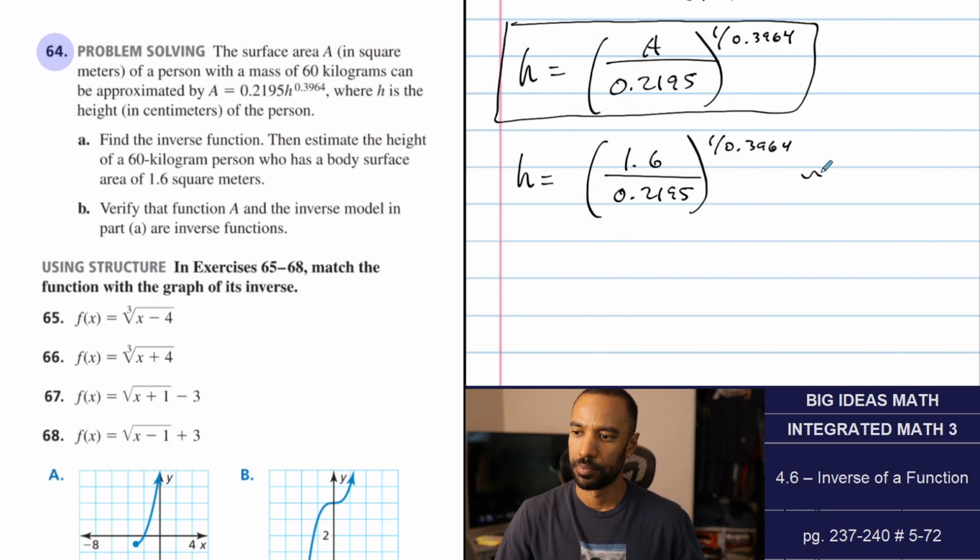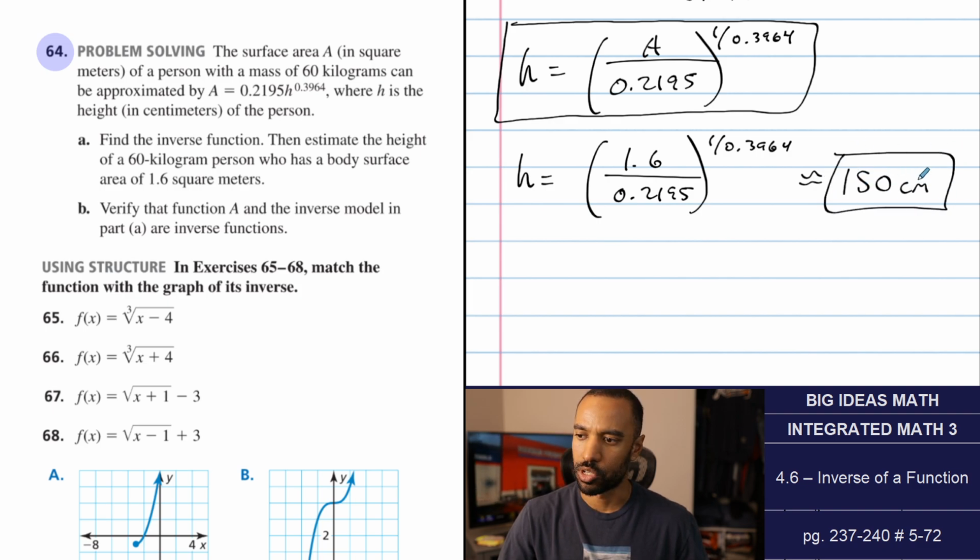They were not. So we're going to go ahead and do this. We'll do 1.6 over 0.2195 raised to the 1 over 0.3964 power. Make sure all my numbers are good. It's about 150, we'll say. 150 centimeter height individual.